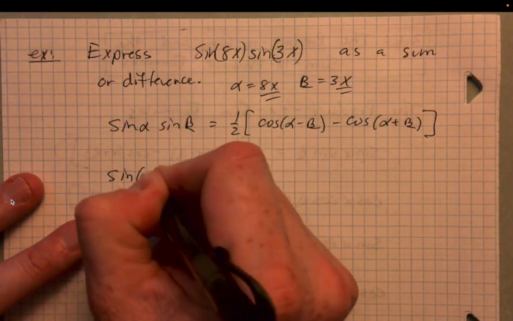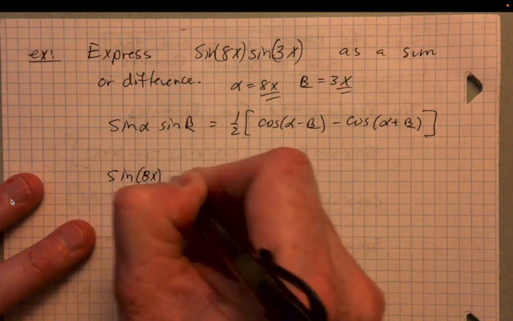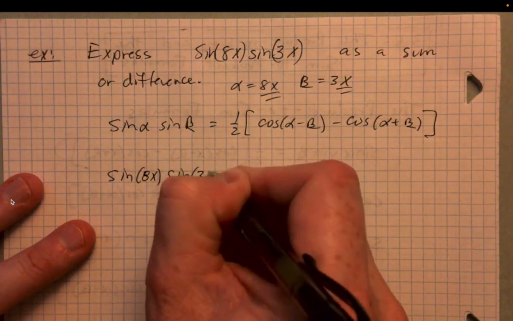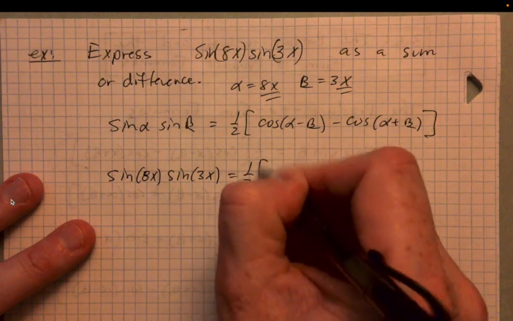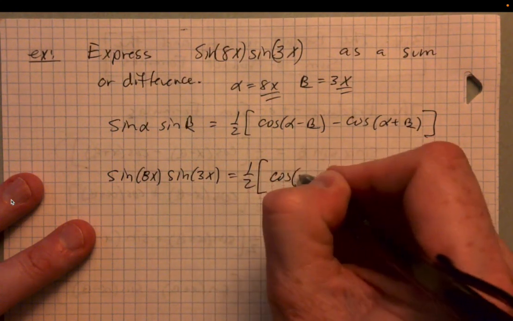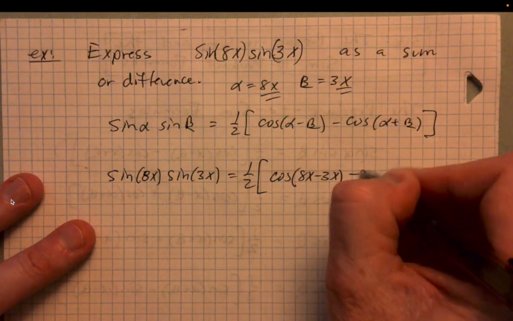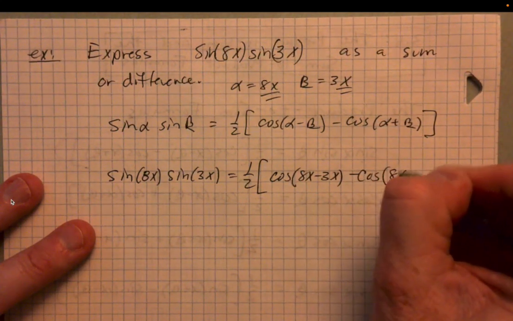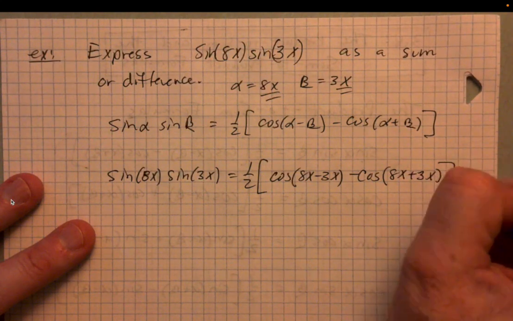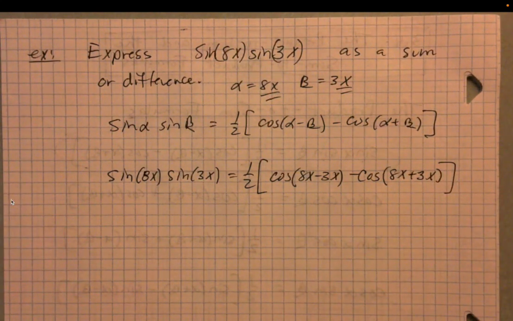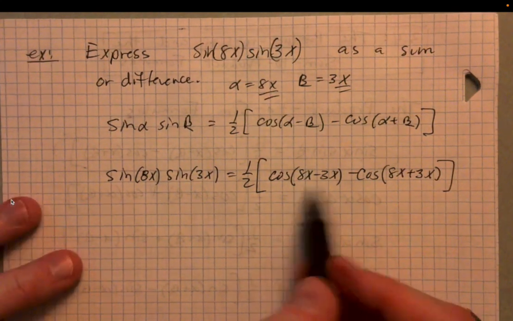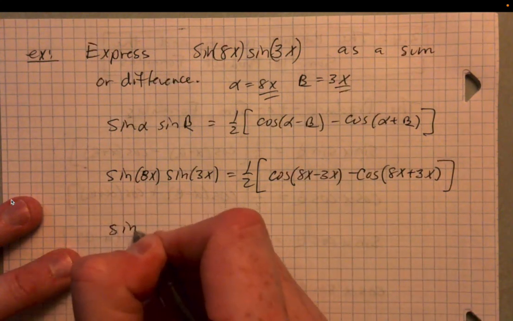So sine of 8x times the sine of 3x is equal to 1/2 times the cosine of 8x minus 3x minus the cosine of 8x plus 3x.